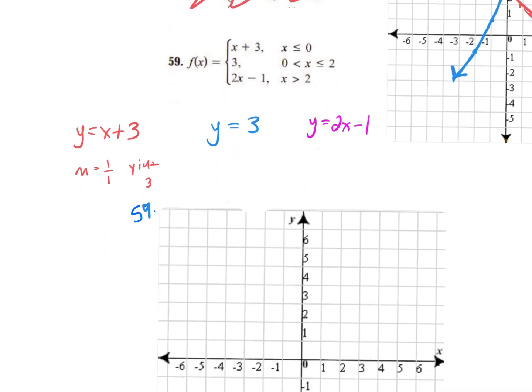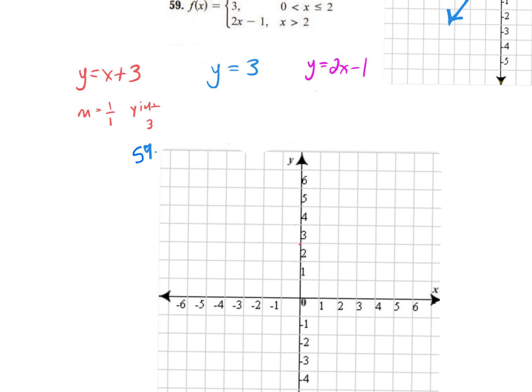Okay, so I'm going to go right here. I'm going to put a point at 3. My slope is 1 over 1, and it's positive, so it's going to be going upwards like that. So up 1 over 1, up 1 over 1, down 1, down 1. Okay, there's my line.